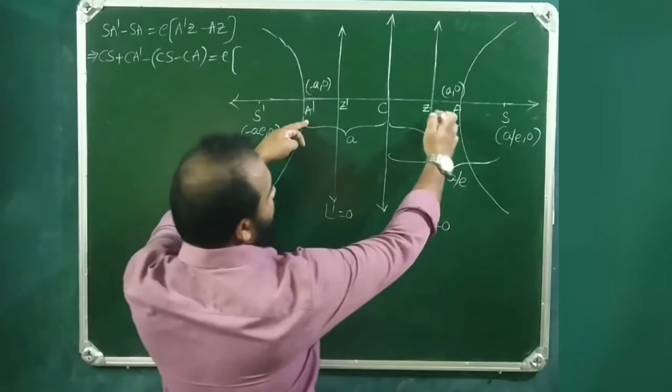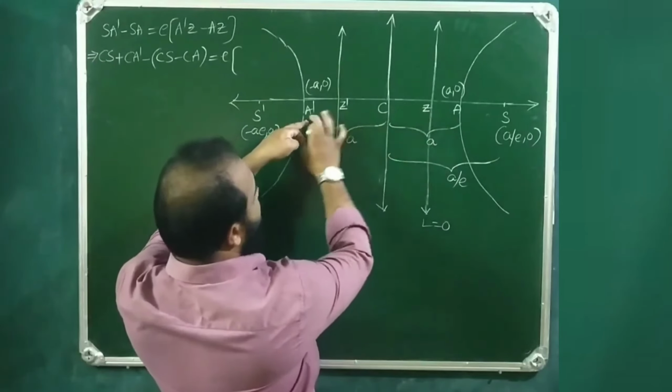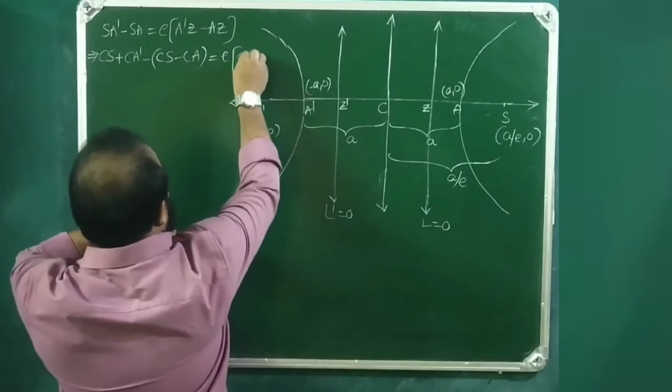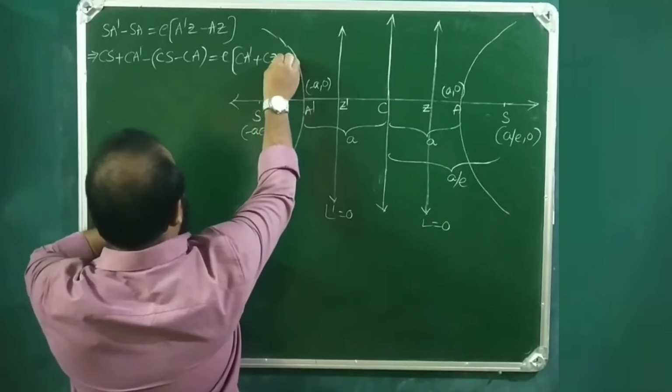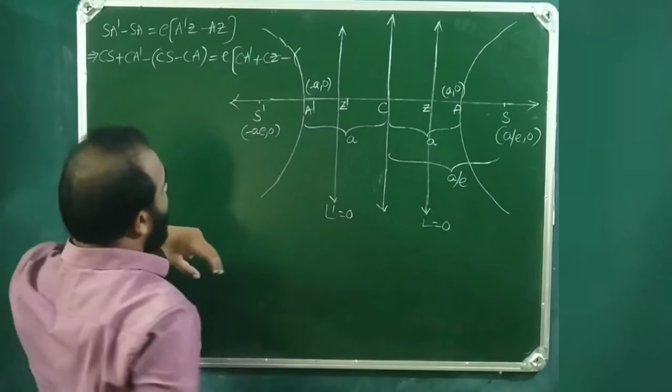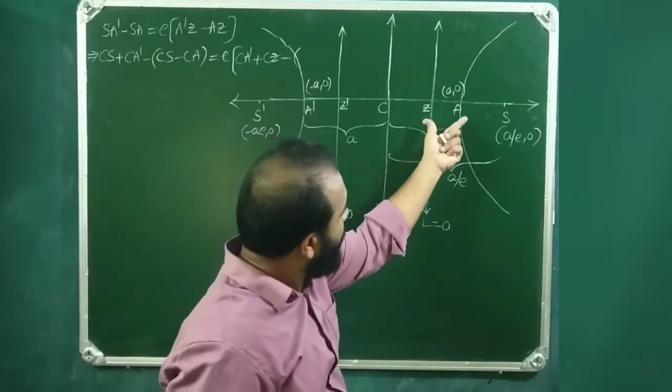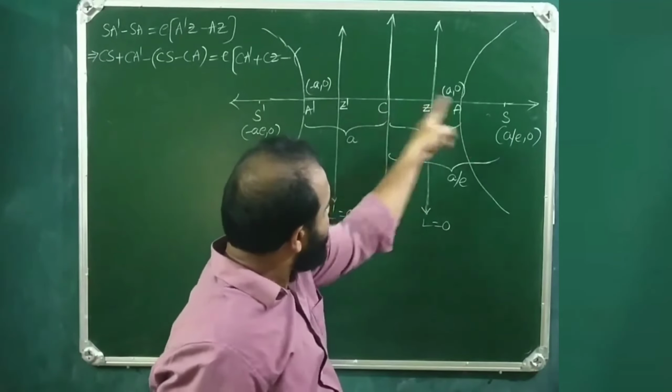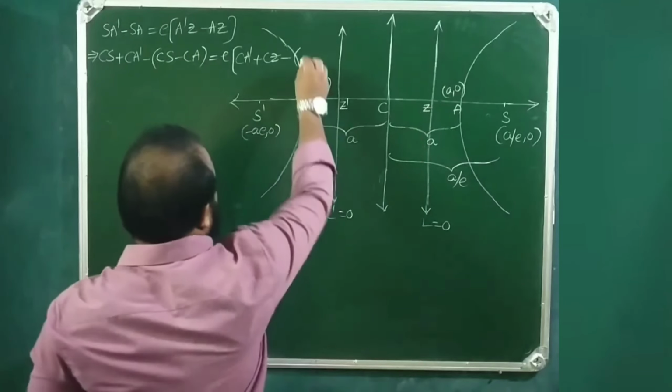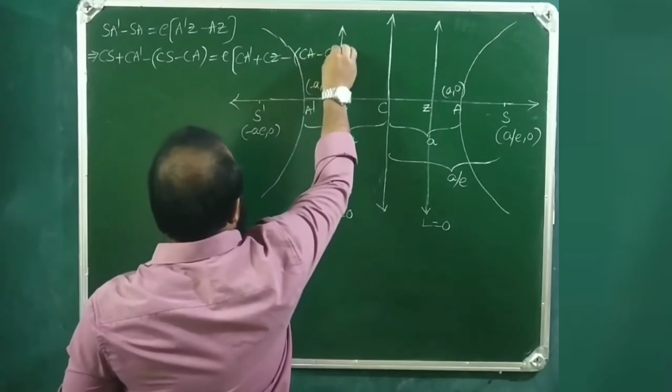A dash Z is this. So CZ plus CA dash. CA dash plus CZ minus of AZ is equal to, AZ can be written as CA minus CZ.